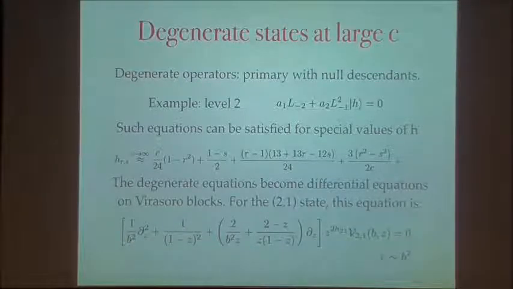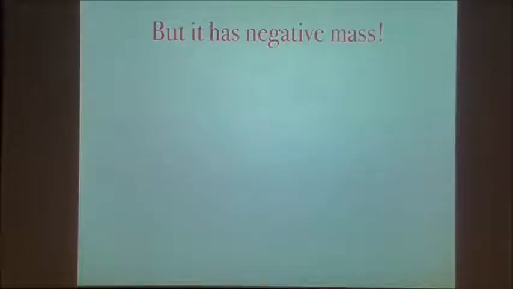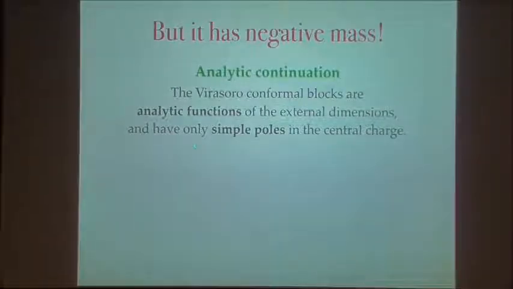But now of course, I think you will be asking this question: how can I use this method to study information loss when these states have negative mass and negative norm, they're not unitary to start with? This is indeed a good question, but I think the answer lies in analytic continuation. The reason that we can use this with some success is because the Virasoro blocks are actually simple analytic functions of the external dimensions.